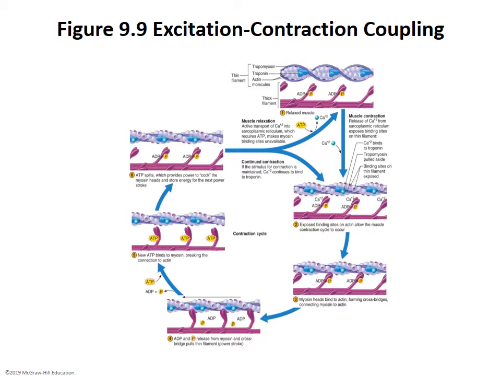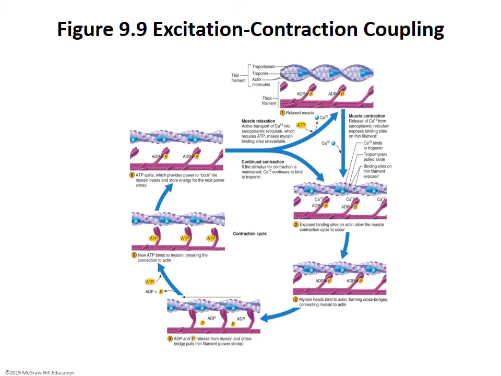When they let go of ADP and phosphate, that myosin head will bend from being pointed out toward the Z line to being pulled in toward the M line. And because they're bound to actin on either side, they're going to pull actin towards the M line, or towards the middle. Therefore, the sarcomere will start to shorten. This is referred to as the power stroke.